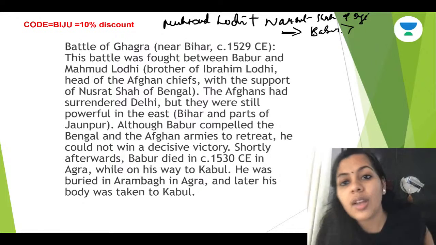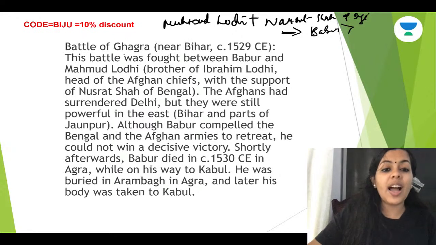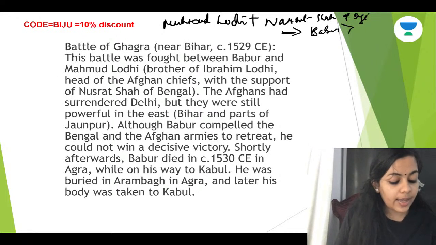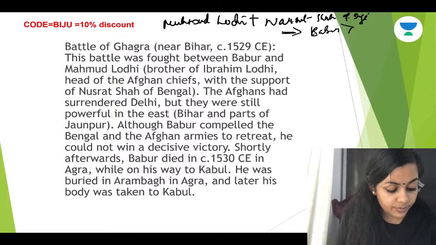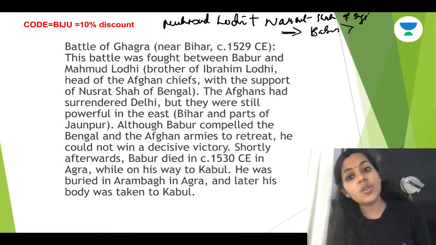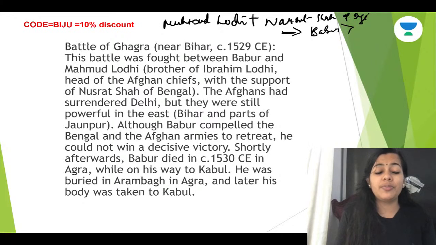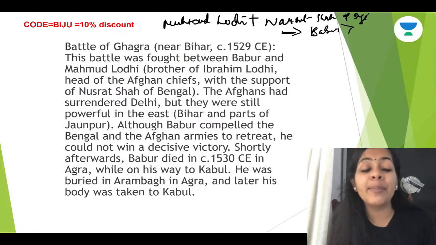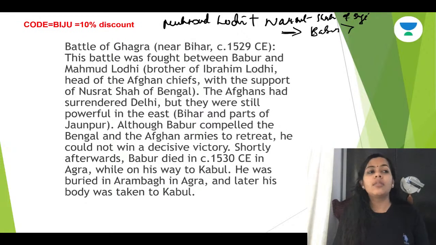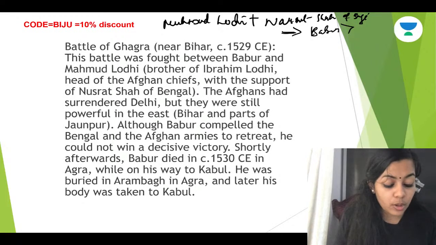Nusrat Shah attacked along with the Afghan Sardars. Why was Nusrat Shah of Bengal with Muhammad Lodi? Because he was the son-in-law of Ibrahim Lodi, so he always had an affinity towards Ibrahim Lodi.